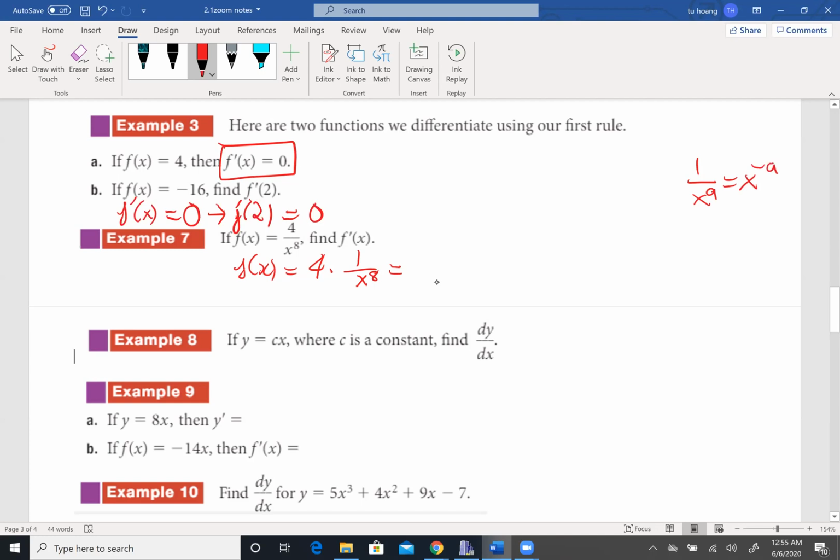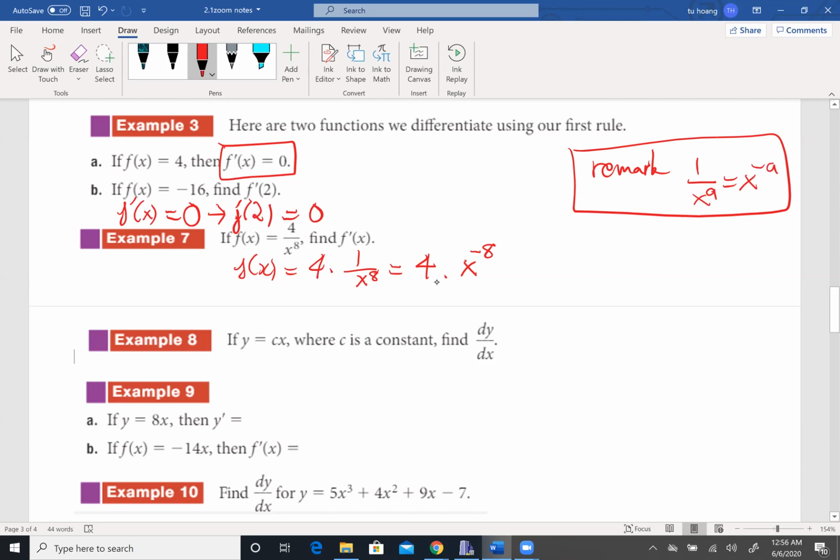Everything in the denominator with a variable and some power, if you want to change it to be in the numerator, then you have to make the sign of the power opposite. So now I will have 4 times x to the power -8. So this is a remark.